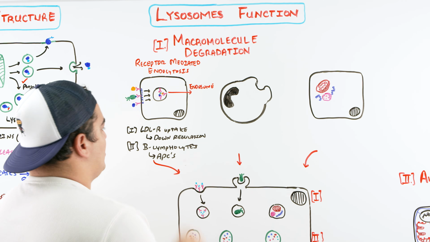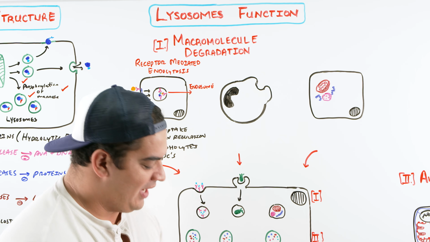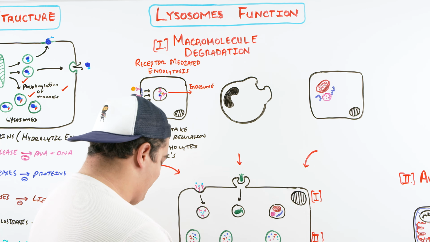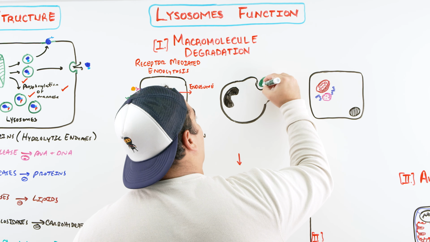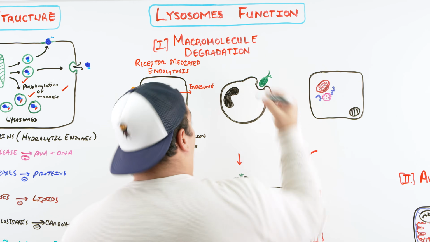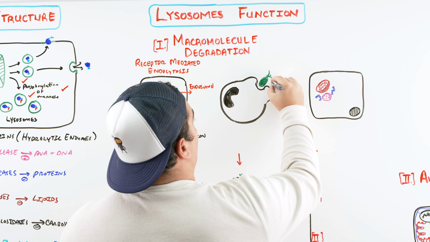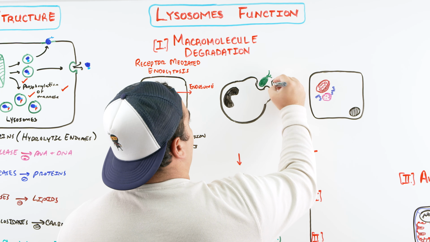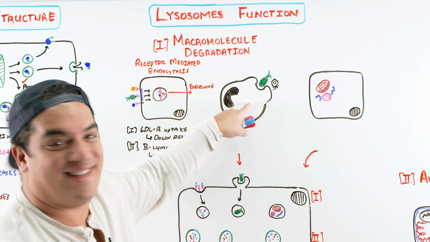The second mechanism by which we bring things into the cell is this next one. Let's say you have this cell and it wants to eat a particular bacteria, or maybe a virus of some particular etiology, and it wants to bring these things into the cell.